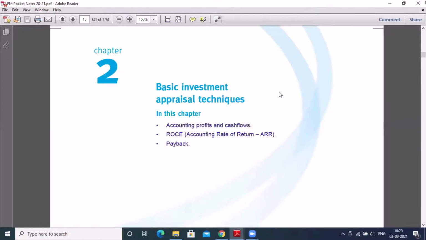Now the next one is basic investment appraisal techniques. Now here, the basic investment appraisal techniques are used to make investment decisions. So how can a finance manager make the investment decisions? The additional questions are a kind of homework, Leela.